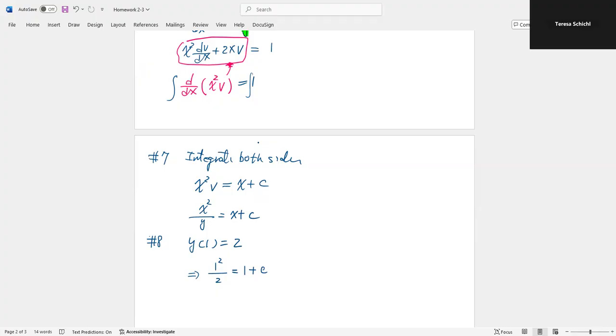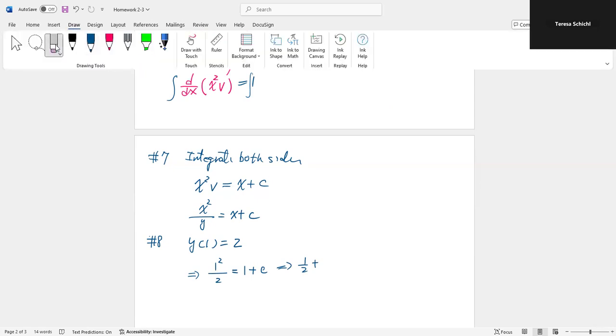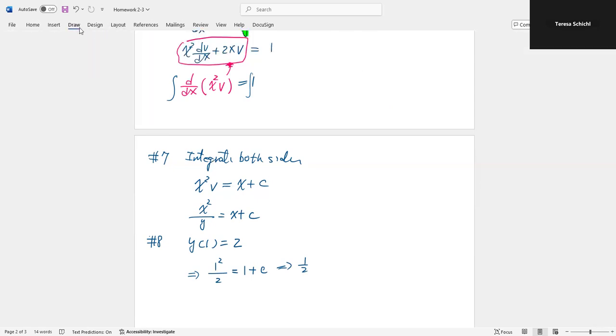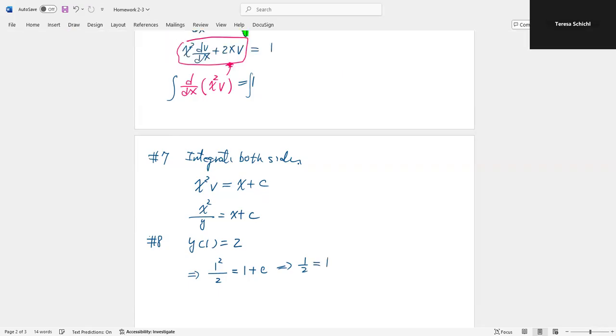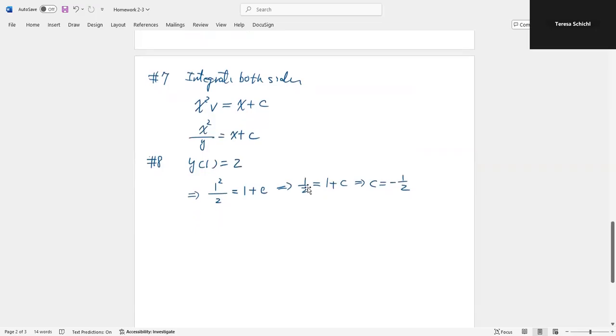So I have 1/2 equal to 1 plus c. So c is equal to negative 1/2. Finally I got my answer, right? So this is x squared over y is equal to x minus 1/2.